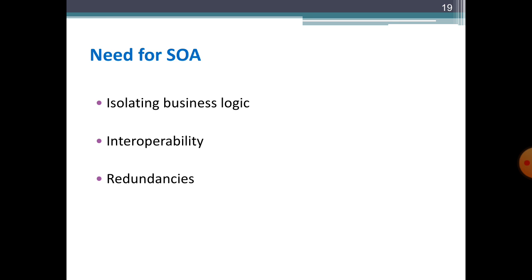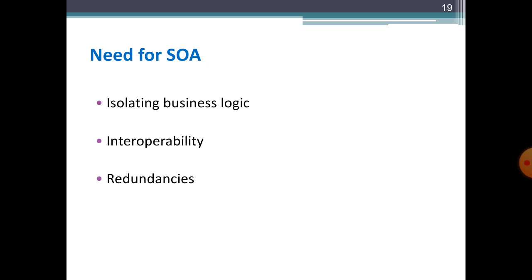If you do some brainstorming, you will get the answer about the need for service oriented architecture. The first point is isolating business logic. So what is the meaning of isolating the business logic?